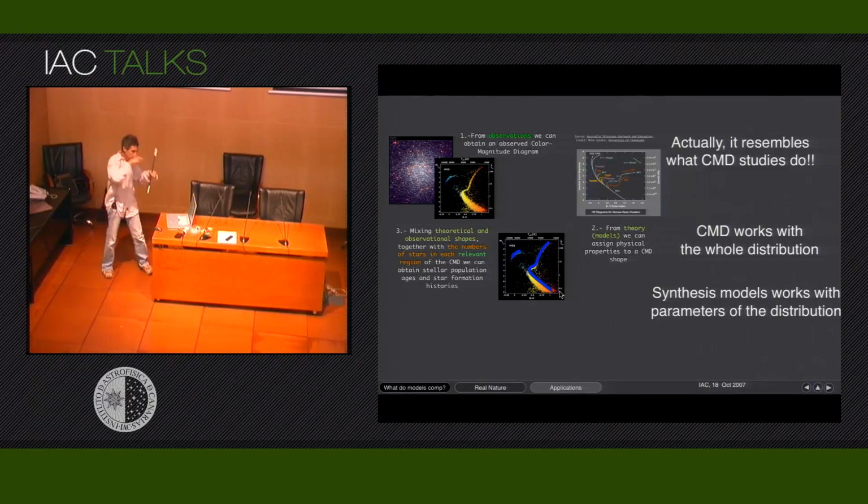And actually, the people that do color magnitude diagram fitting take into account not only the stars that are somewhere in the diagram, but also all the other stars. The fractions must be similar, must be something there.